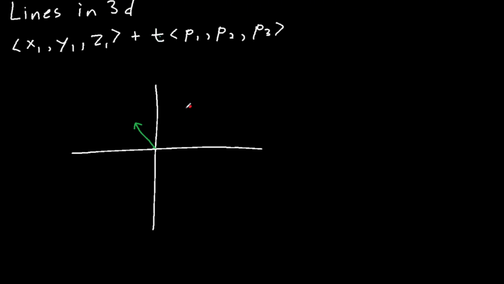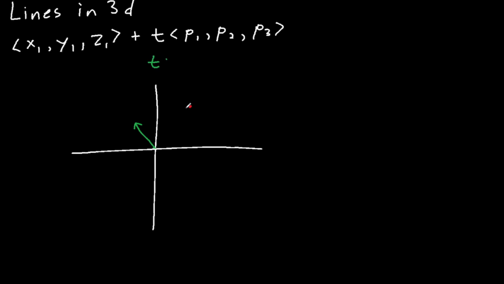Whenever you increase t, this vector will increase, because when you multiply a scalar by a vector, the resulting vector will be parallel still.